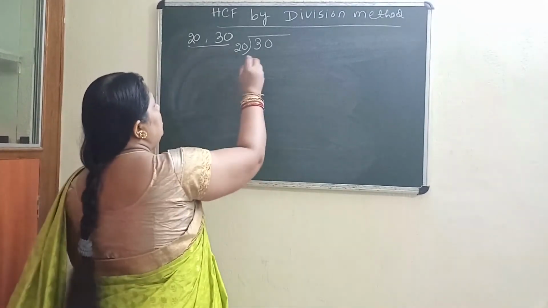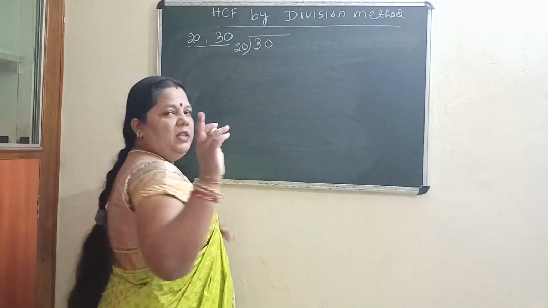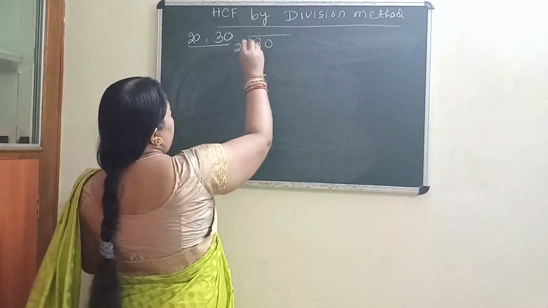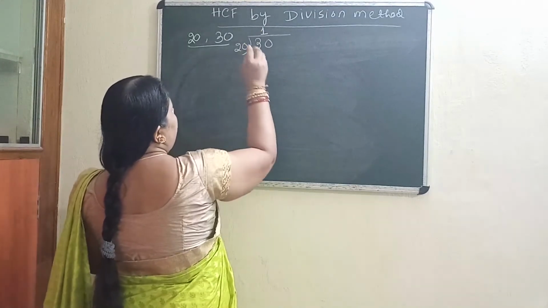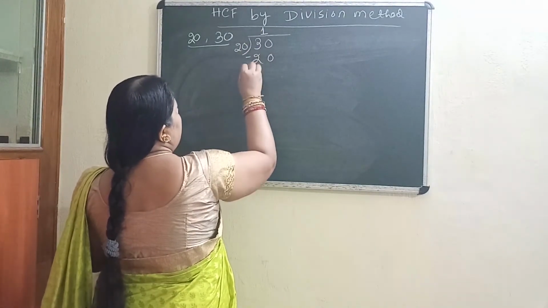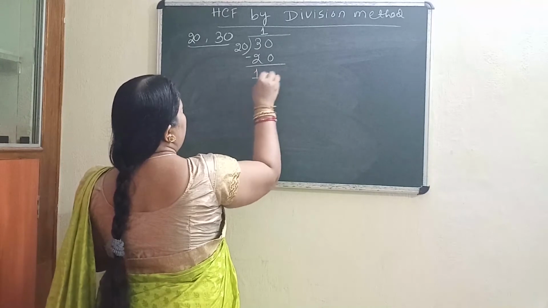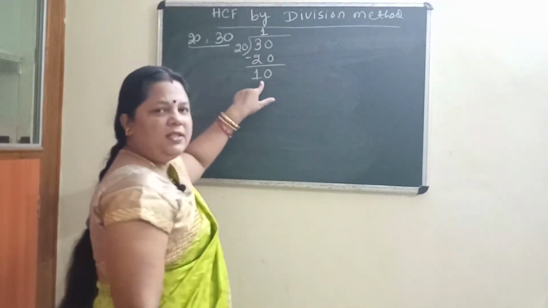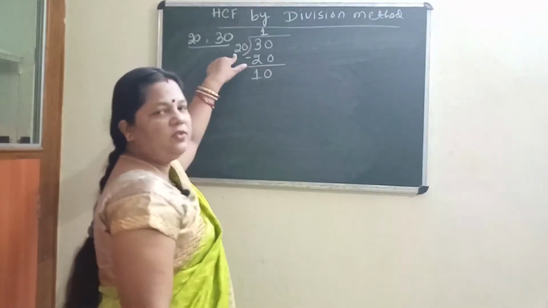Okay. So what to do? This process you have to see carefully and listen carefully, what are the steps. So first, how much can we go? 20 ones are 20. After subtraction, how much are we getting? 10. So now see here, remainder is 10 and your divisor is 20.